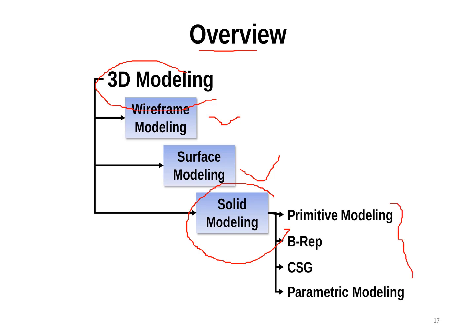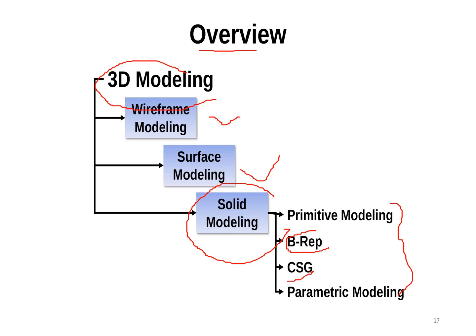Yeah, the first one, we have primitive modeling that uses basic shapes, such as cube, cylinder, sphere, and so on. And we have boundary representation that defines an object by its surface boundary. And also we have constructive solid geometry that combines primitive shapes using Boolean operations.